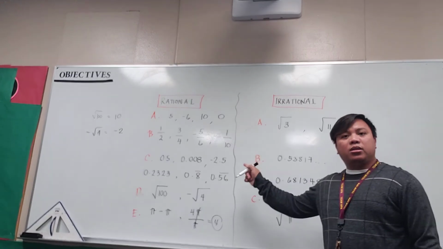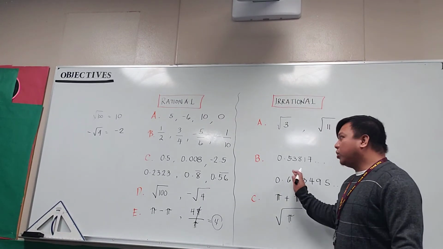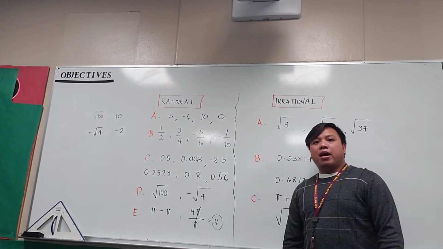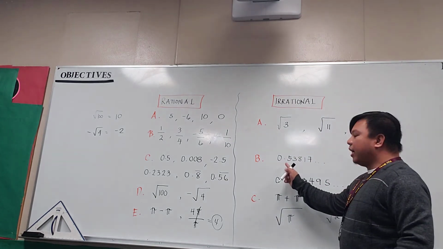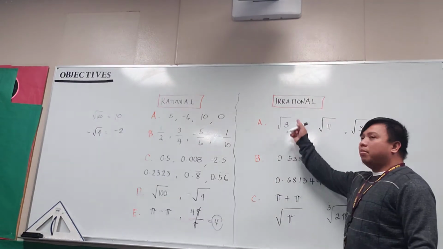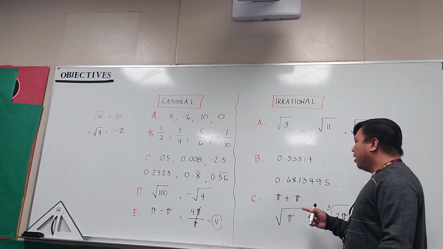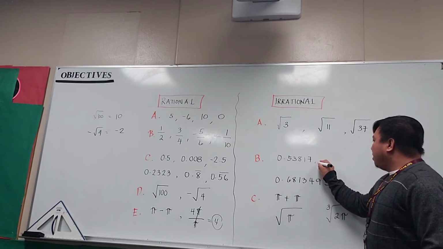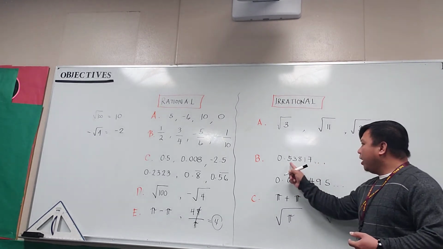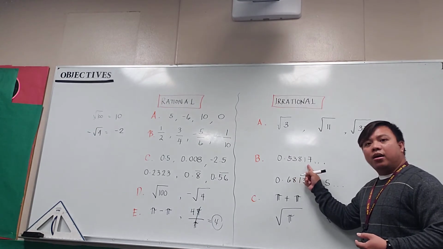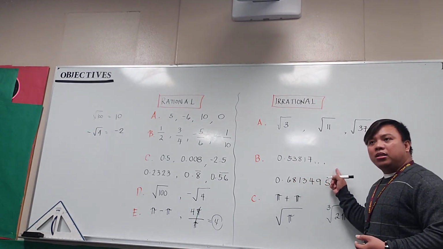You notice that it's a decimal number, but I also have decimal numbers on my rational side. So what's the difference? When you look at the example of a decimal number under irrational numbers, the three dots give me the idea that this is a continuous number. And looking at the numbers I have, it doesn't have a pattern, it is continuous.